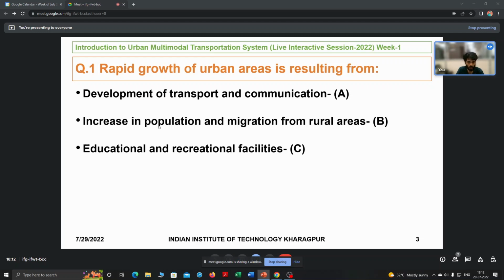That may be an occasional thing for recreational purposes, but the main point is to search for good jobs, right? Because urban areas which have good jobs are basically driving the economy further. So the correct answer in this case would be B, right?